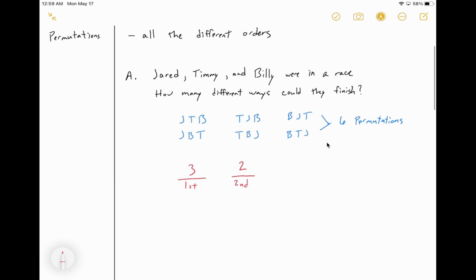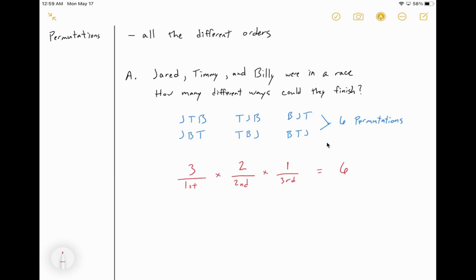And how many people could get third place? If the first 2 are already decided, then there's only 1 person left. So what do you do with these numbers, 3, 2, 1? All you're going to do is multiply. 3 times 2 times 1 is 6.